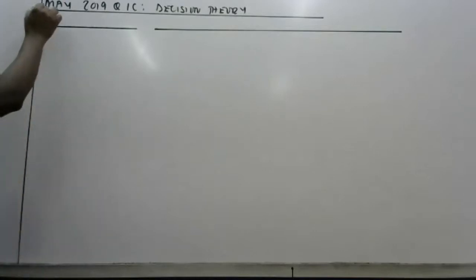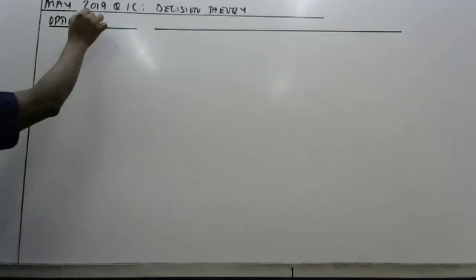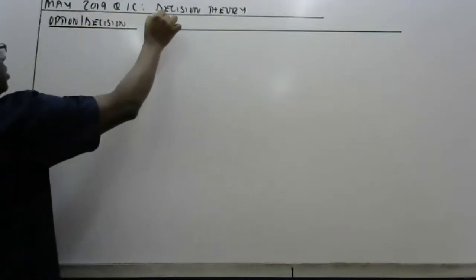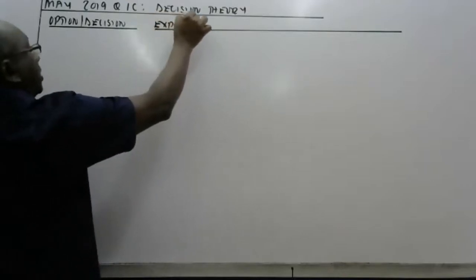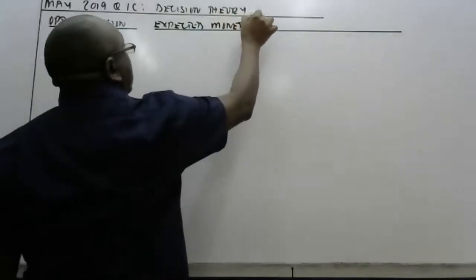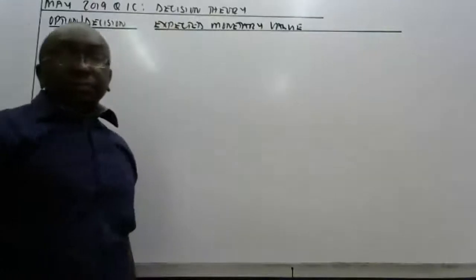We have the option. Option is what the examiner is referring to as the decision. And then we are told to get the expected monetary value.